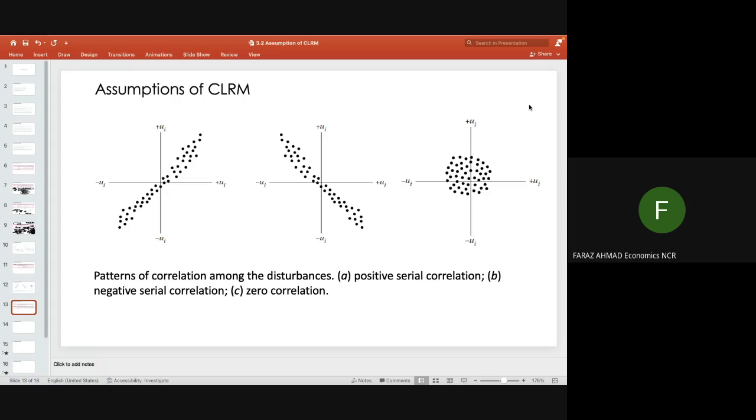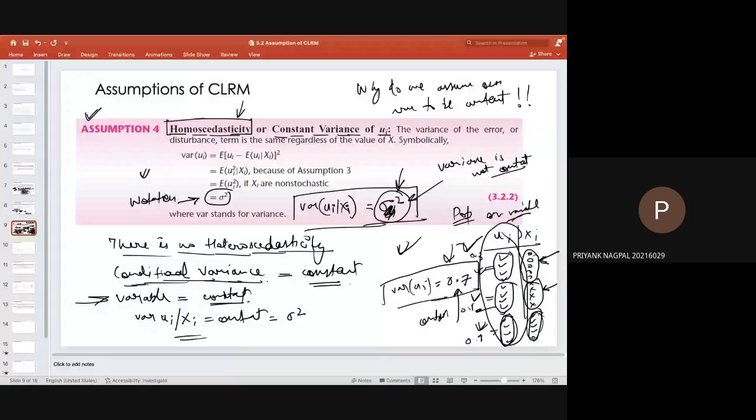Why do we assume our variance to be constant? Any idea? Okay, before coming to this question. So, we assume it to be constant so that there is no systematic error in the model.